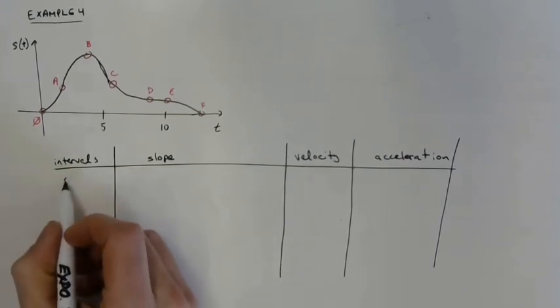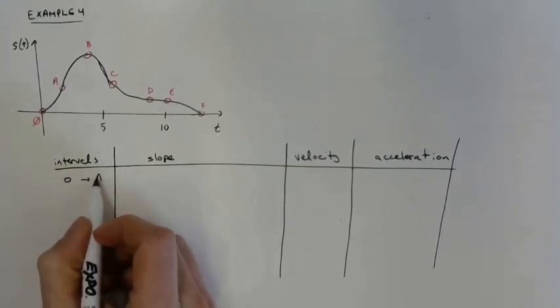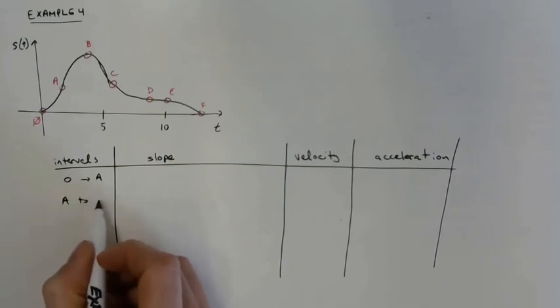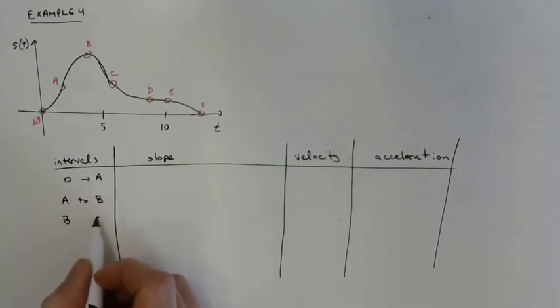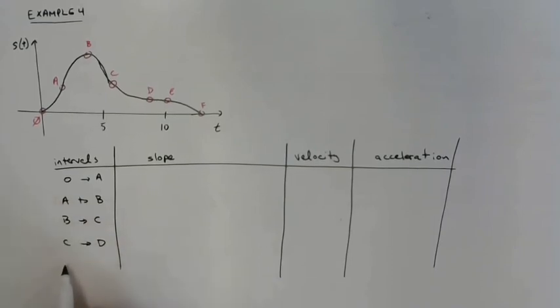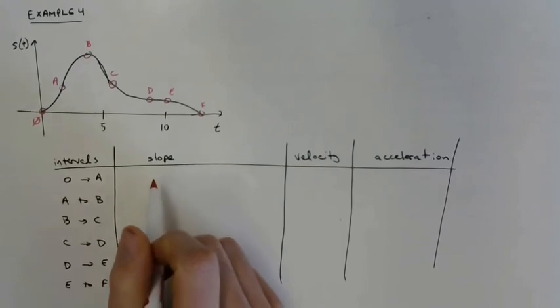Okay, our intervals are from 0 to A, from A to B, B to C, C to D, D to E, and E to F. And we're going to use two descriptors for each interval, for the slope of each interval.